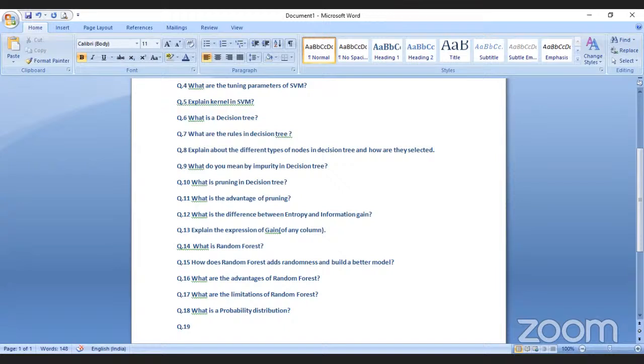What are the classifications of probability distributions?